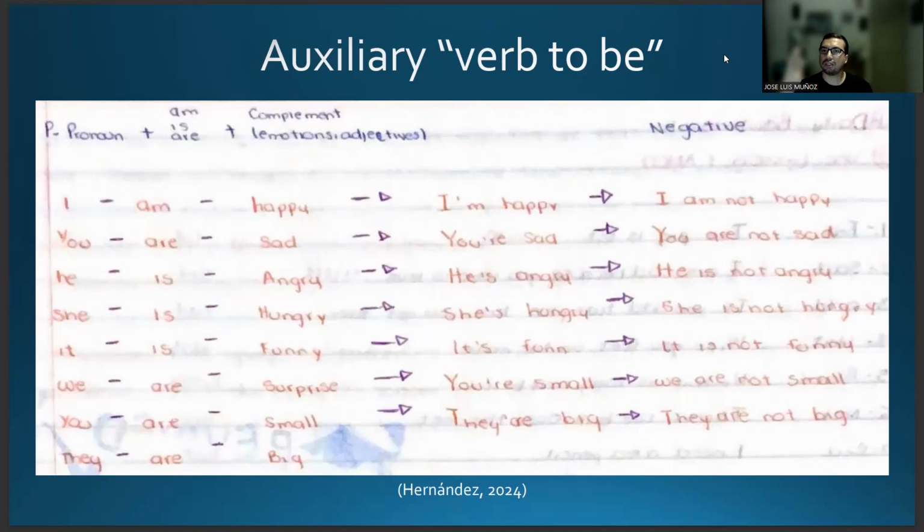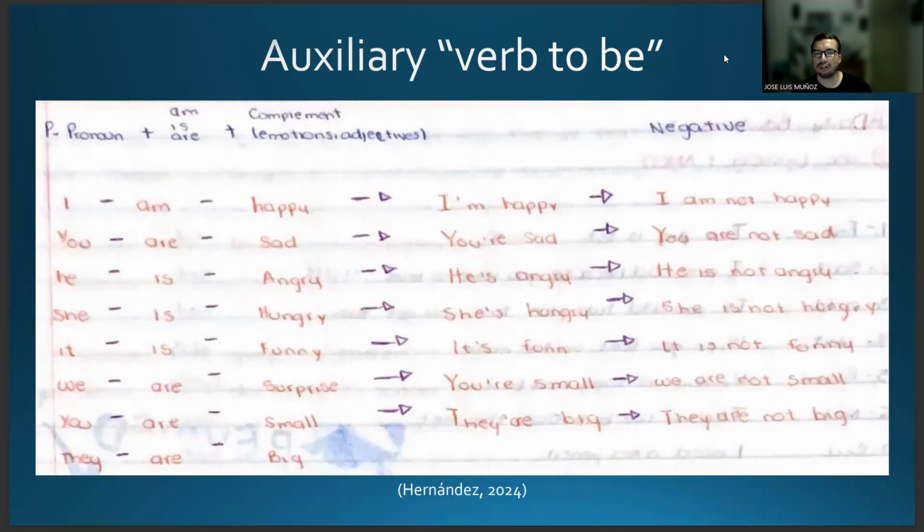Then how should you change it? Well, you have the contractions in the middle. For example, you change I am happy to I'm happy. You are sad, you're sad. He's angry, she's angry. It is funny, it's funny. We are surprised, we're surprised.